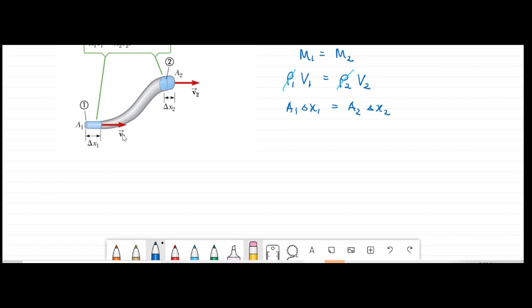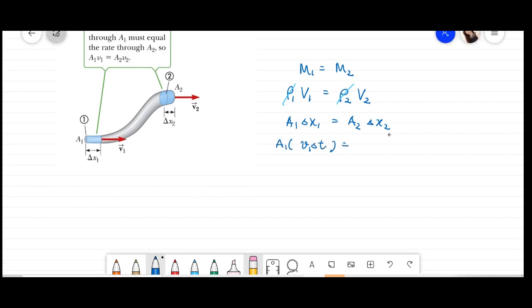At point 1, the fluid is moving with the speed of V1. At point 2, the fluid is moving with the speed of V2. So at the same time interval of delta t, delta x1 is equal to V1 delta t. However, delta x2 is V2 delta t. We are referring to the same time interval. So that's why on the left-hand side is delta t, on the right-hand side is delta t. So eventually you can cancel off.